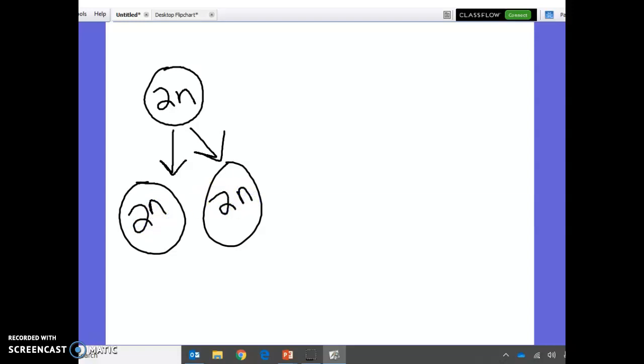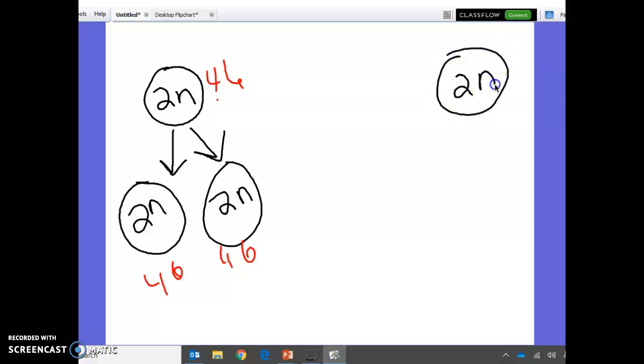So if we're talking humans, we would start with 46 chromosomes, and each daughter cell would end up with 46 chromosomes. In meiosis, we start with the diploid number, but remember, this goes through 2 meioses.